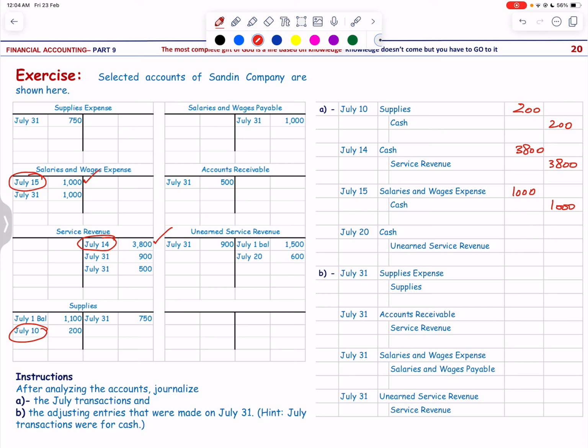After 15th of July, the next date in chronological order is going to be July 20, and cash is debit by 600, and unearned service revenue is credited by 600. Okay.